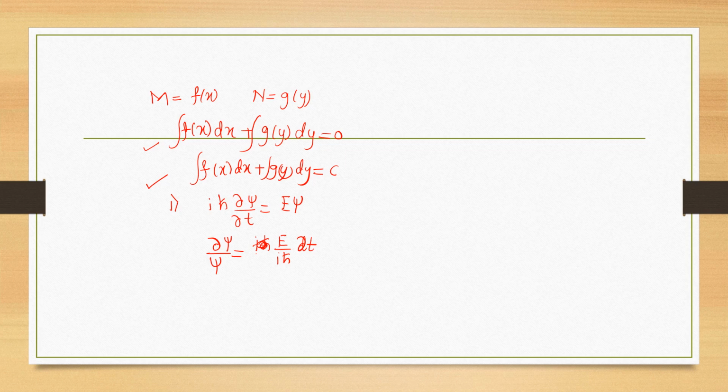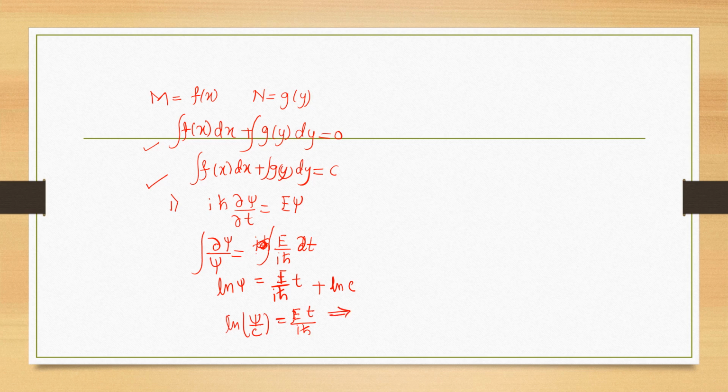So simply integrate this equation and we will find our solution, which will be log of psi equal to E by i h cross t, plus log of C. So I can rewrite this equation as log of psi by C equal to E t by i h cross.